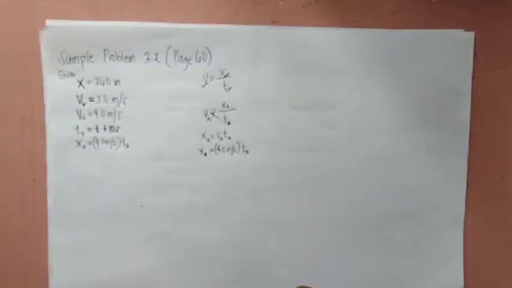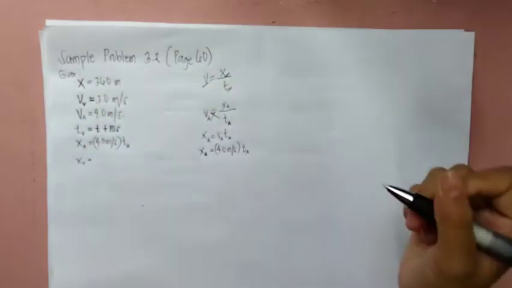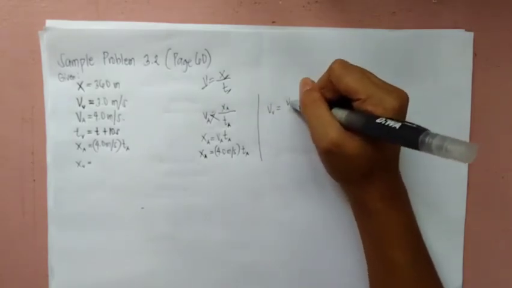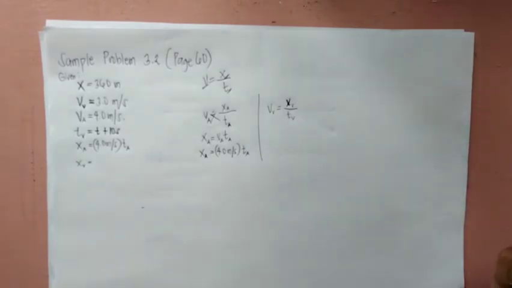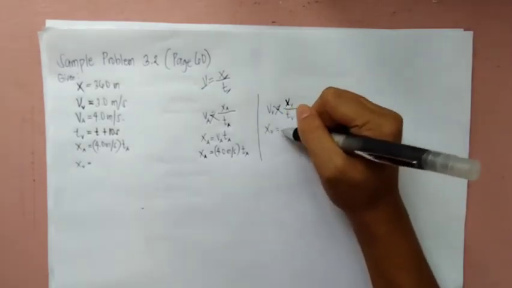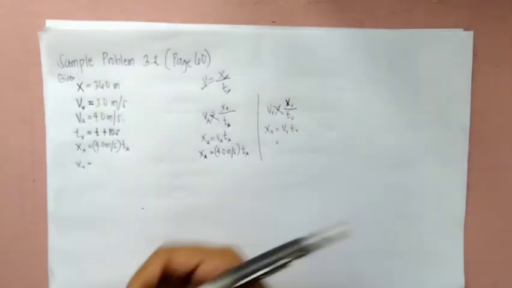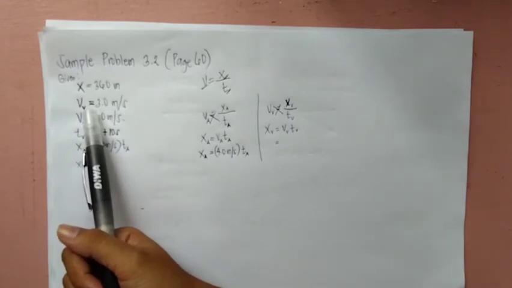Next is Vanya's distance. So, X sub V. For Vanya's distance, we have V sub V equals X sub V over T sub V. We need to manipulate this one again. We have X sub V equals V sub V times T sub V. Vanya's speed is given and her distance is not clearly or directly stated in the problem.